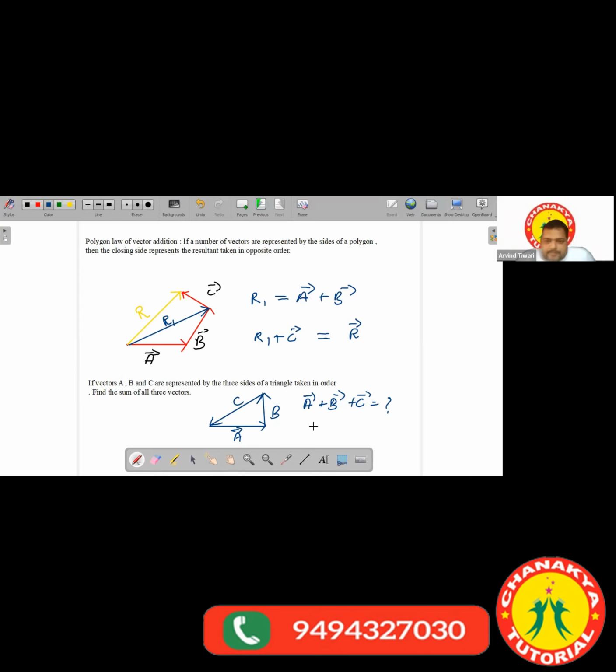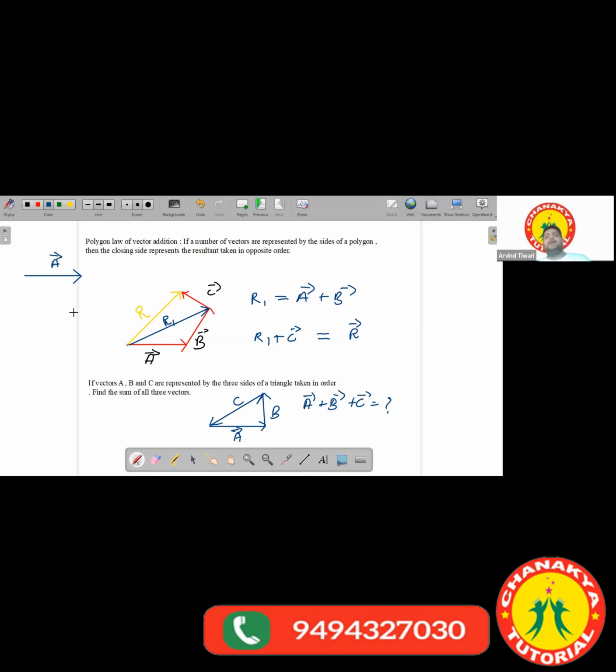Okay, so I told you I'll be giving you a hint. So anyone tried out this? Okay. So the hint is here: if you are taking a vector A like this, suppose this is given to you as vector A. Okay.